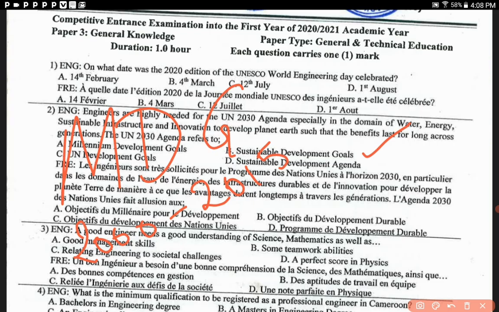Now, like I said, the 17 Sustainable Development Goals were adopted by the United Nations General Assembly in 2015. So now I'm saying that the Sustainable Development Goal is an extension of the Millennium Development Goal. So I believe you have understood very well. If that is the case, we go to question number 3.